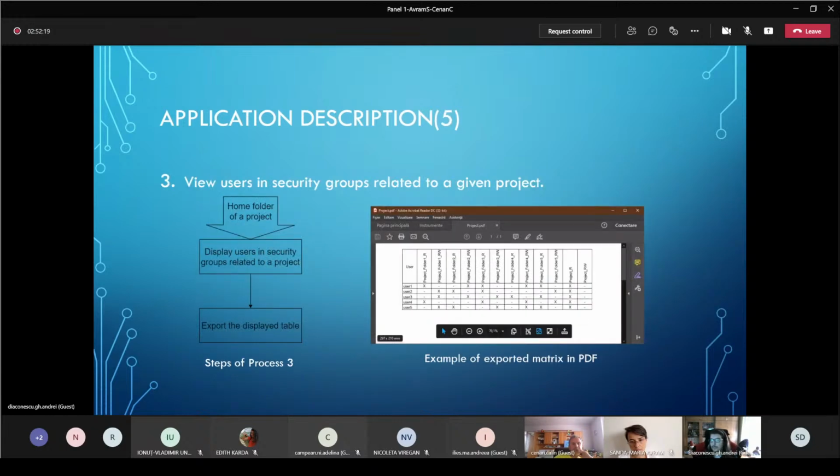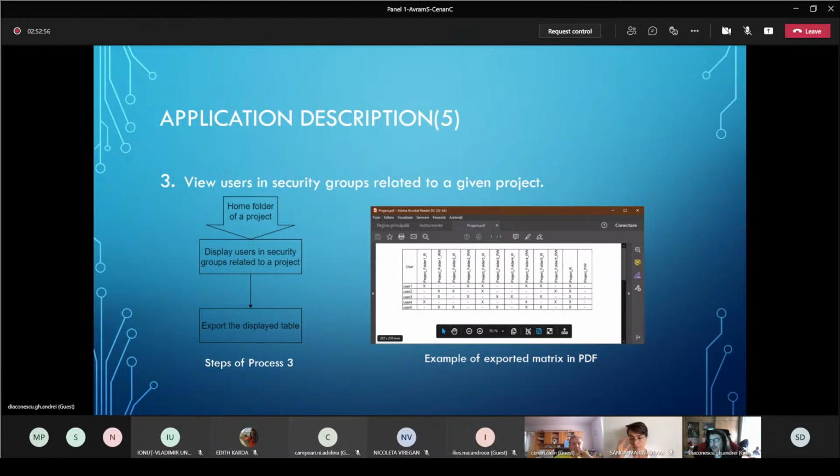Okay. And for viewing users in security groups related to a given project, this process is mostly for management, because sometimes management needs to know which persons have access on the project, and to go back from security groups to access matrix.